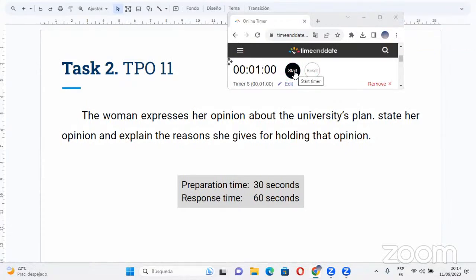The student in the conversation is against the idea of renovating the housing of the university. First of all, she explains that the construction is going to make a lot of noise, so they can't study and live there. It's not going to be comfortable for the students.